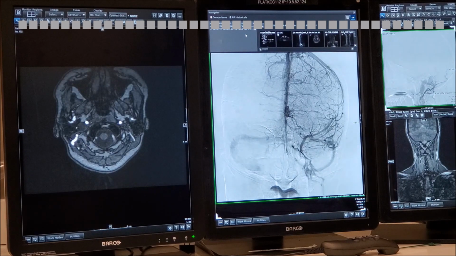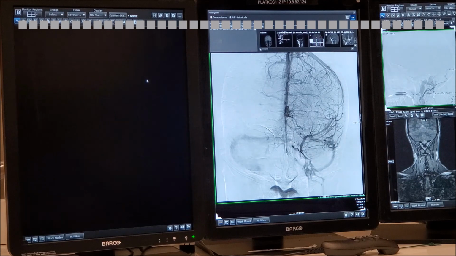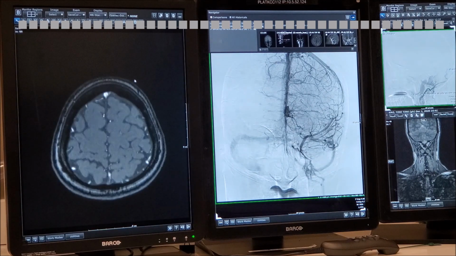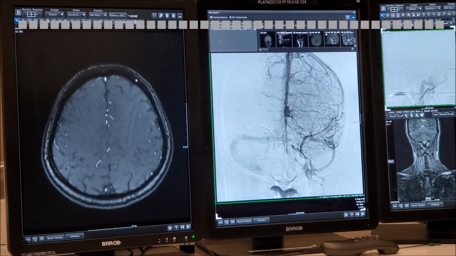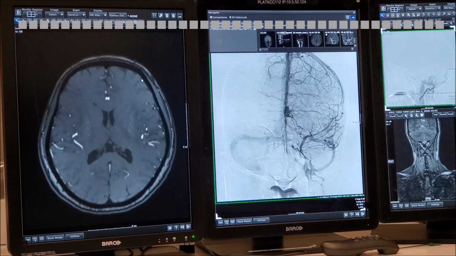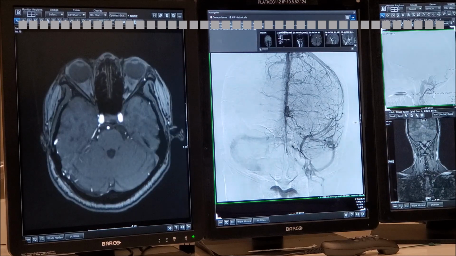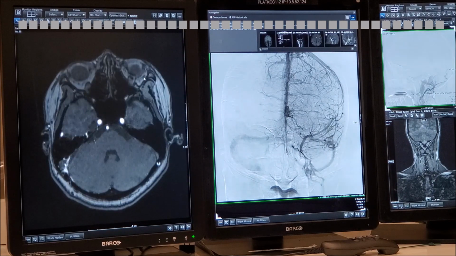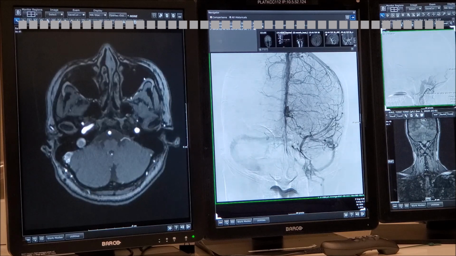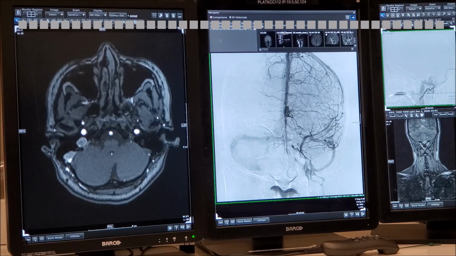Wait, there was another one. This one. We saw something that looked like thrombosis. I think this was this thing. I think this is just dilution of the... This is the sigmoid.